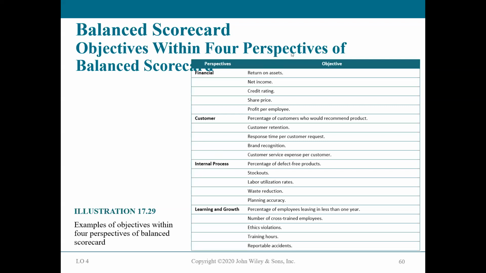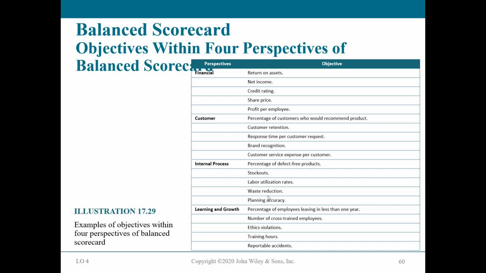So then let's look at breaking it down on these 4 common areas: finance, customer, internal process, and learning and growth. And these are just examples. In finance, you might have an ROA, return on assets. You might have net income, your share price, your profit per employee. Customer, retention, brand recognition. I'm just reading out some, but you can read the rest.